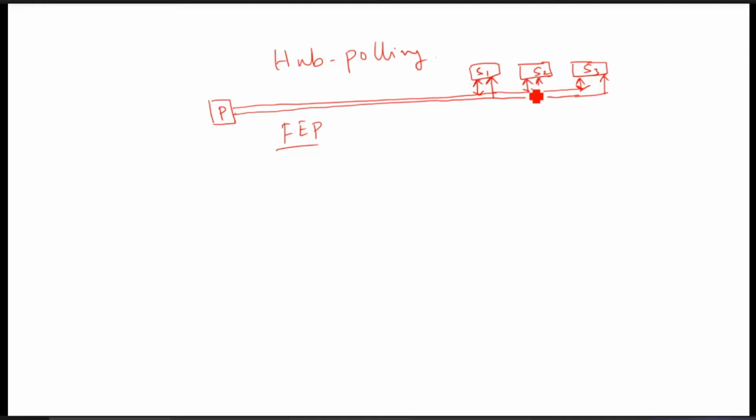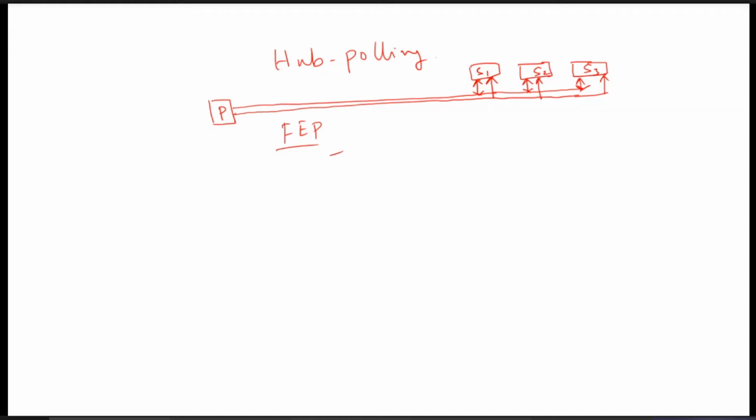Each secondary does the same thing, adding its message to the tail of the received message. In this way the composite message is relayed to the primary. Before entering the primary, it is passed through the front end processor, which disassembles the message, and any valid data is sent to the primary for further processing. So that is the principle of hub polling.